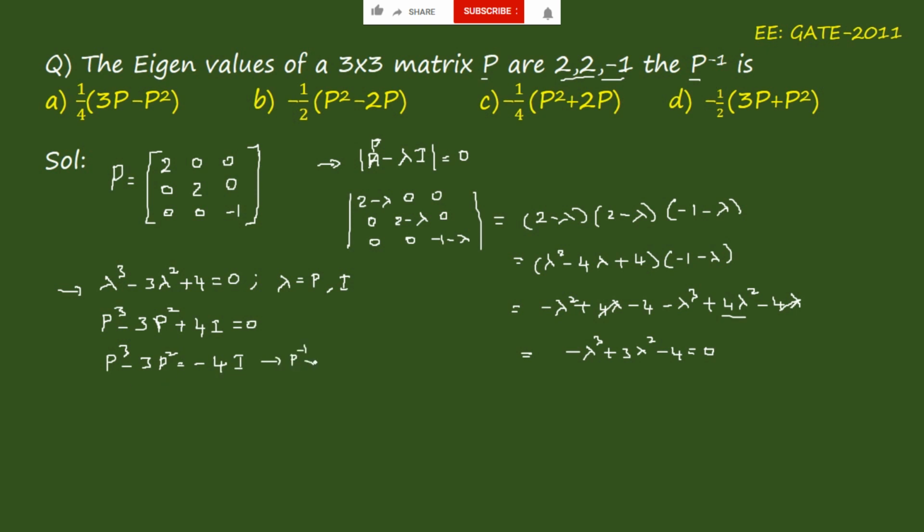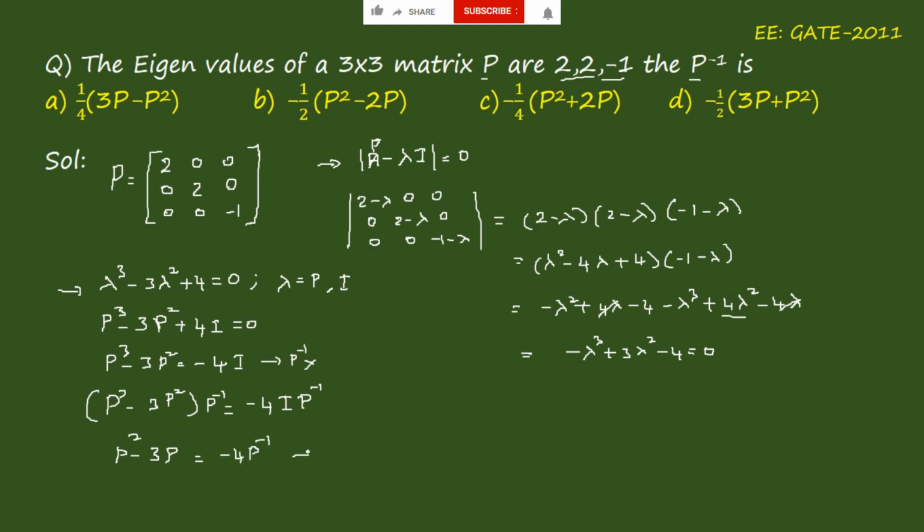We get (P cubed minus 3 P squared) times P inverse equal to minus 4 I into P inverse, so it becomes P squared minus 3P equal to minus 4 P inverse.